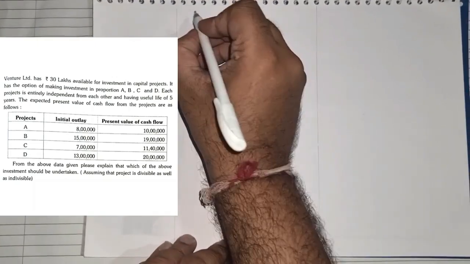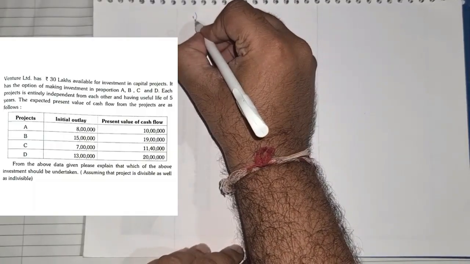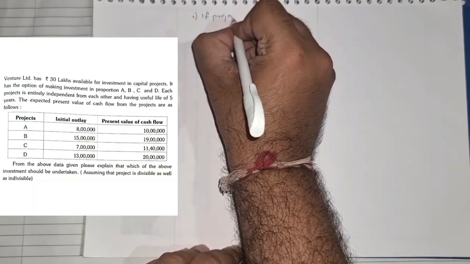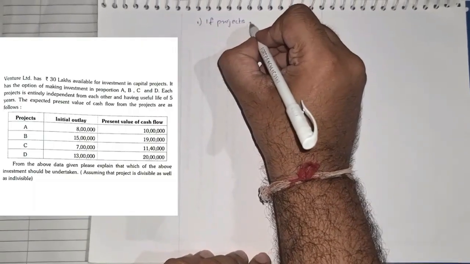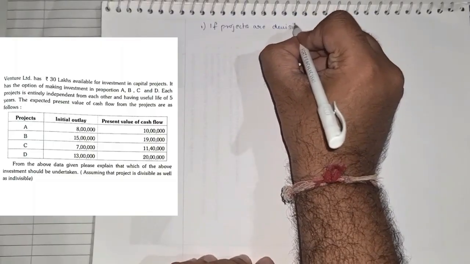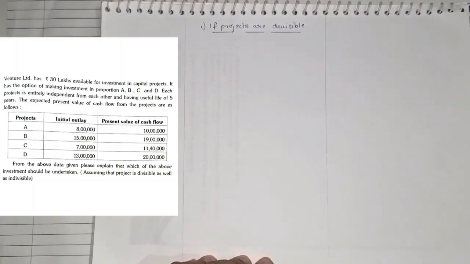Okay, so what we'll do here is note down number 1: if the projects are divisible. First we will solve if it is divisible. Now see the difference between both.